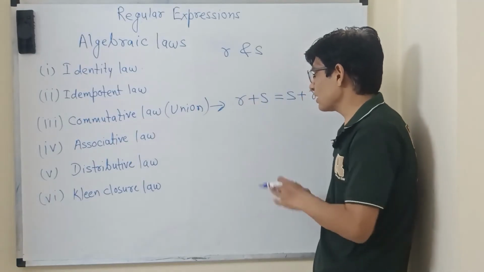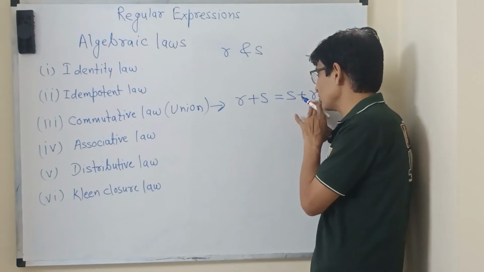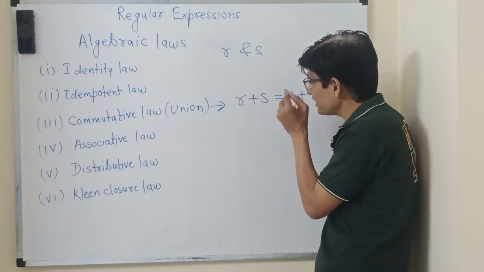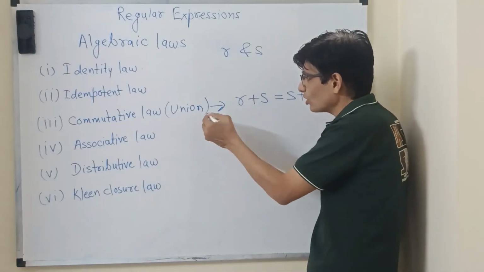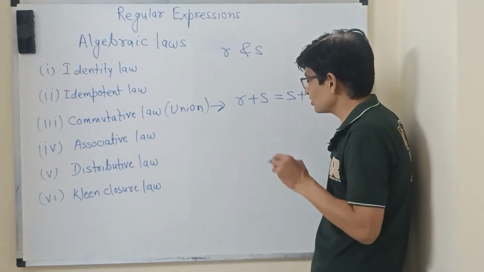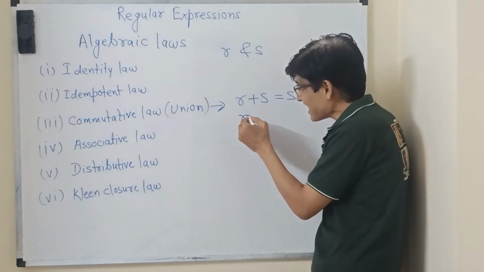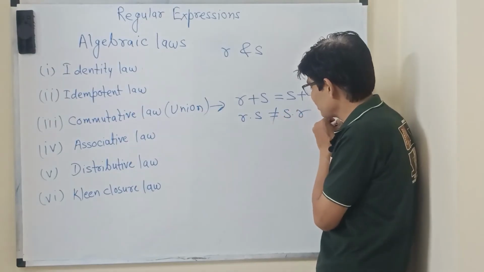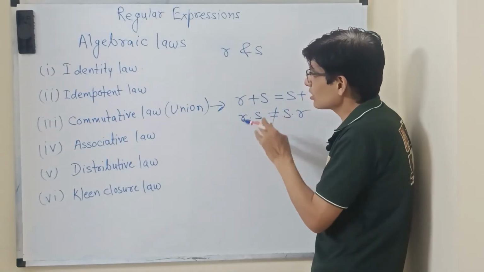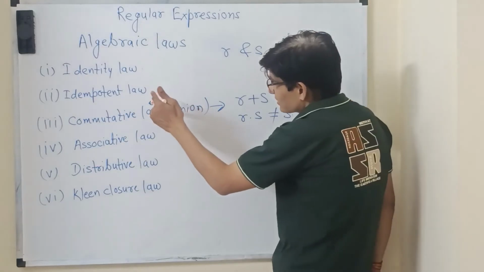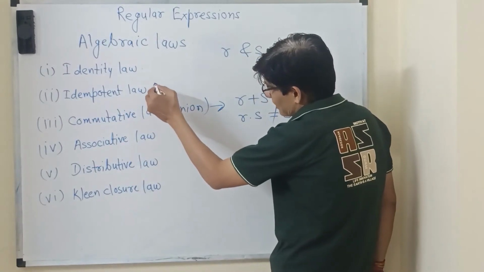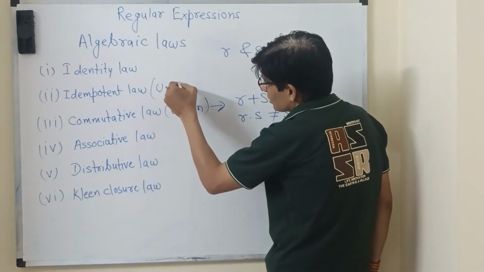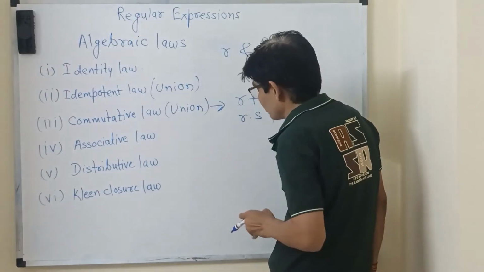Either we can select R or we can select S, and here also either S or R. So these two would be equal, but it doesn't hold for the concatenation operation, as R dot S is not equal to S dot R. Similarly, the idempotent law we discussed just before was also true for union only.